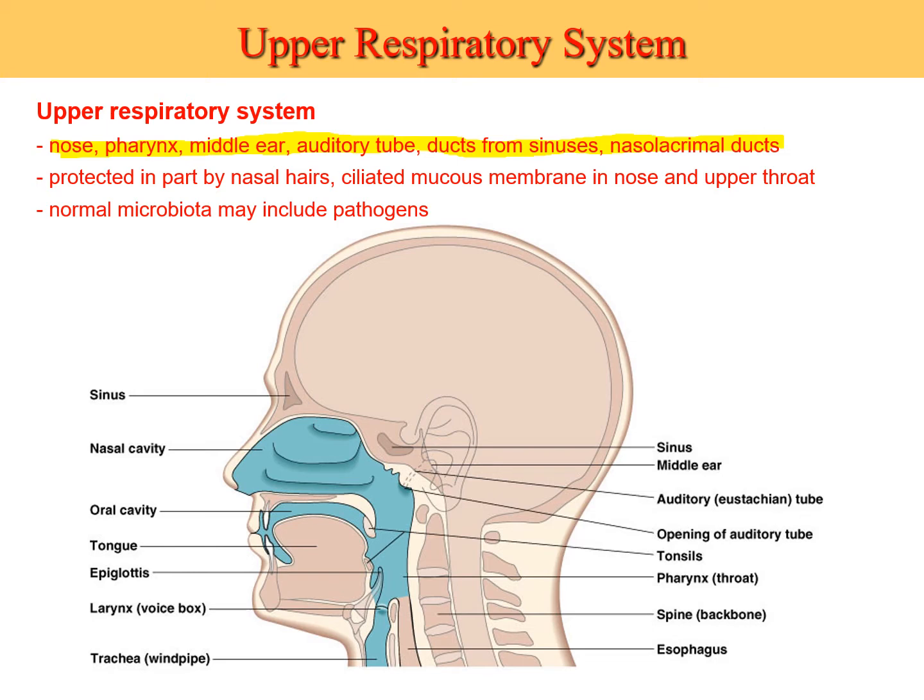And it's mostly shown here. It includes the auditory tube, also called the eustachian tube, as I said, and also the nasolacrimal duct going from the nose to the eye.